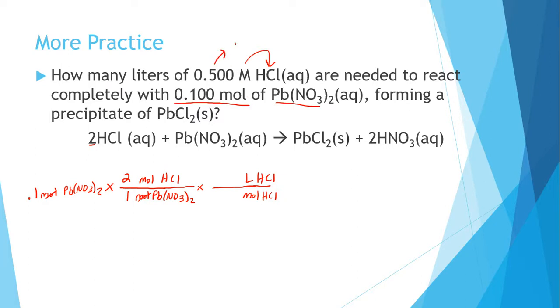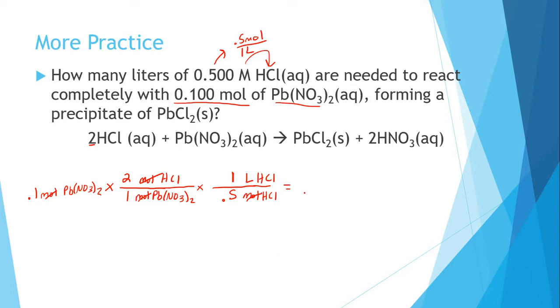So remember, this is 0.5 moles always over 1 liter. So the number 1 gets attached to liter here on the top. My 0.5 gets attached to my moles on my bottom, and that's what allows me to cancel out moles of HCl, and I'm left with liters.